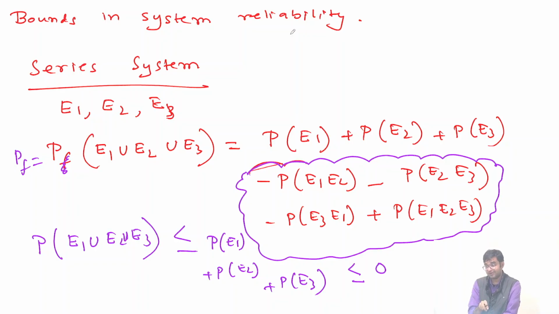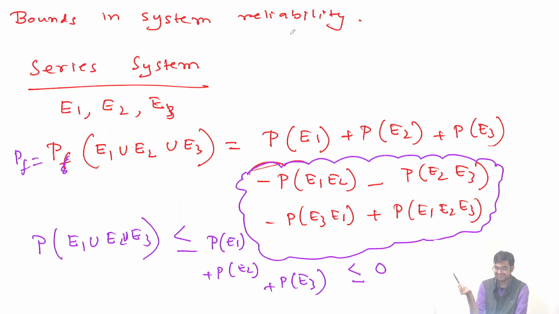That is the case when E1 is equal to E2 equal to E3. Least or maximum? You were thinking in a correct direction, but maximum. Maximum of E1, E2, E3.